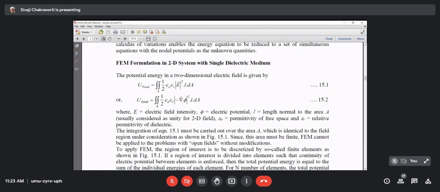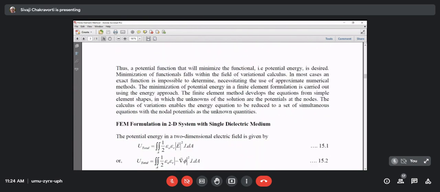So we can assume a small volume around a point. That means in our case it is the element domain of small area dA. So half epsilon E square multiplied by the volume of the element domain will automatically become the total energy.